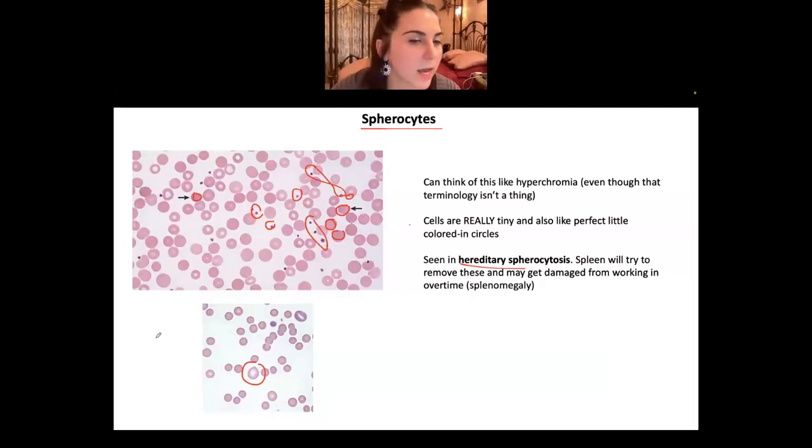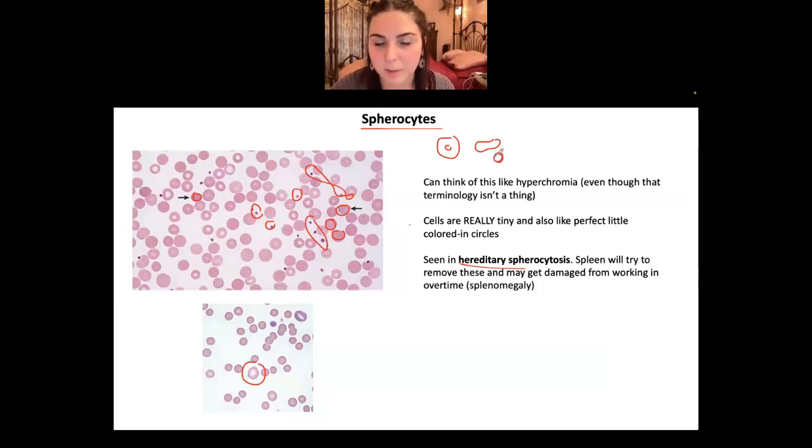So target cells are relatively benign. Even spherocytes are kind of fine. The issue with spherocytes is the spleen trying to remove these and getting really big from trying to do it. Also, the whole point of having central pallor in your red cells is to carry oxygen effectively. It's that biconcave shape so they can maneuver through the blood vessels. Spherocytes are tiny, with no central pallor.